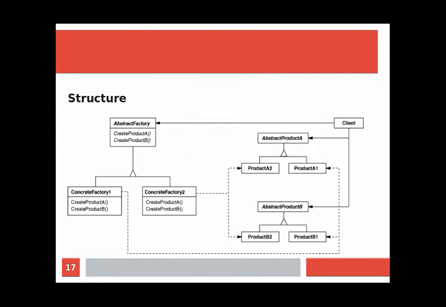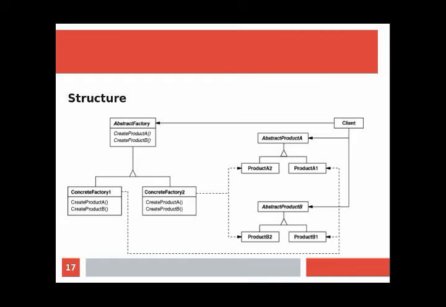Structure. Here is the abstract factory, in which there are create product A and create product B, and then it goes to concrete factory 1 and concrete factory 2. Again, in concrete factory 1, create product A, create product B, and the same in concrete factory 2, create product A, create product B. And here the clients are there, which go to the abstract factory.